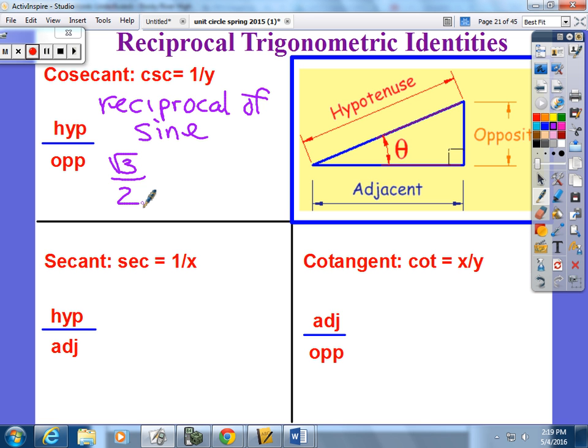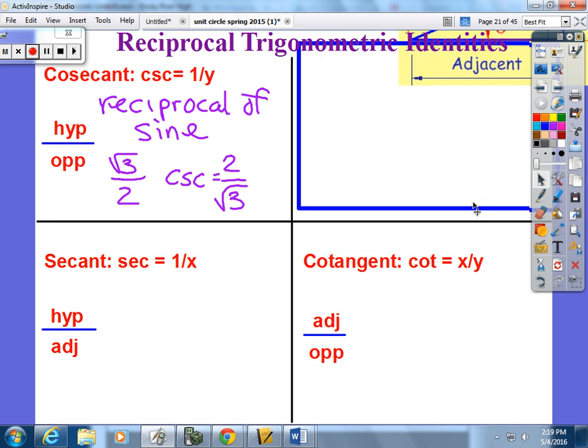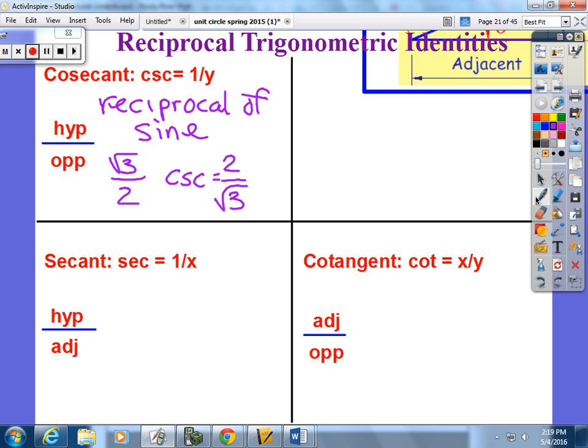So let's say the cosecant equals 2 over square root of 3. But you can't leave it like that. You have to rationalize your denominator. So it'll be times square root of 3 over square root of 3, that would be 2 square root of 3 over 3. And then if you can reduce, you do, but in this case you cannot. So that cosecant would be 2 square root of 3 over 3.